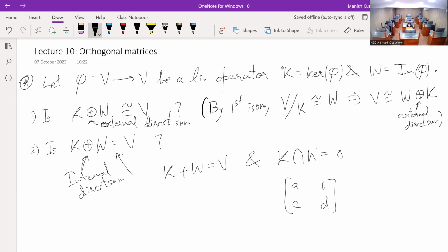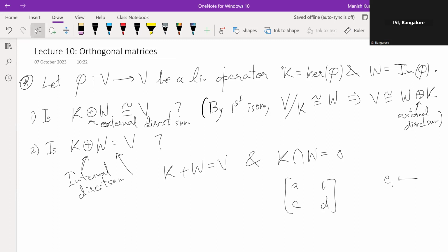Can we think of a map wherein E1 is mapped to E2 and E2 is mapped to 0? This is what we want. Then the image is E2 and the kernel is also E2. So let's try to get a linear map like this: E1 is mapped to E2.